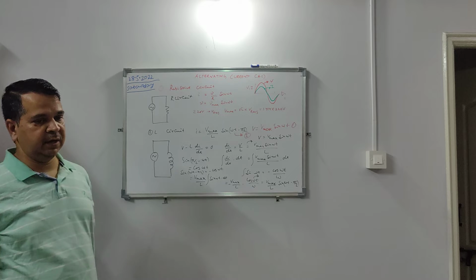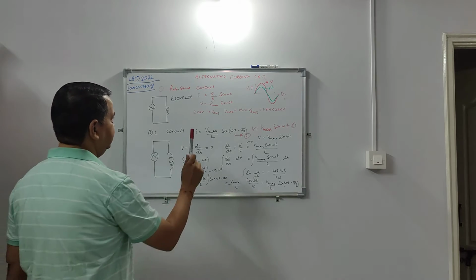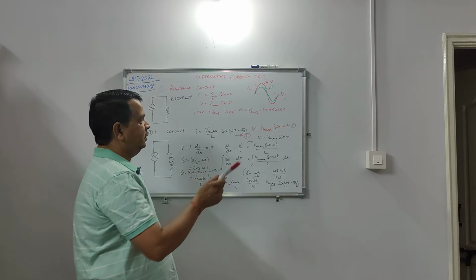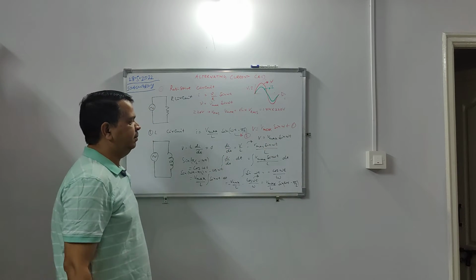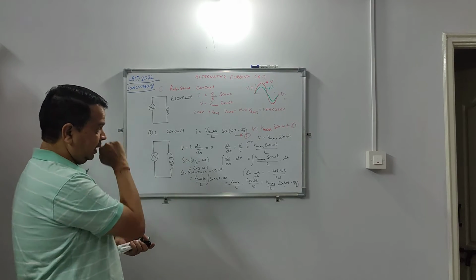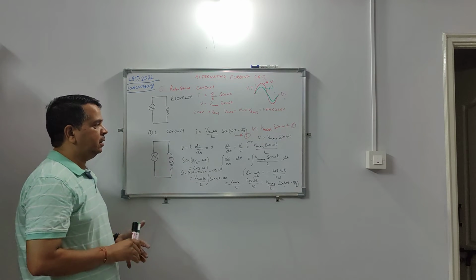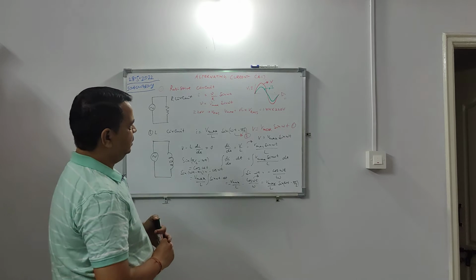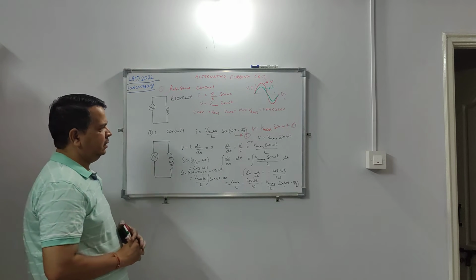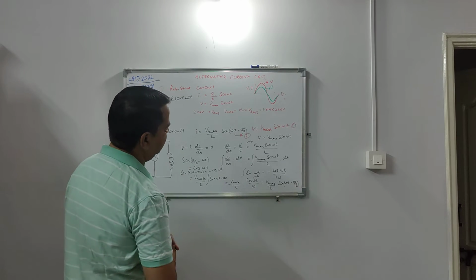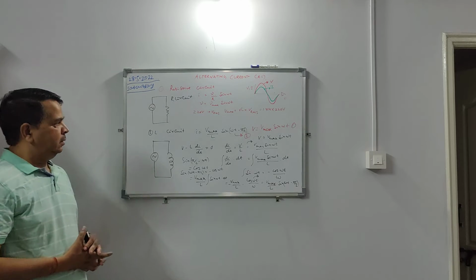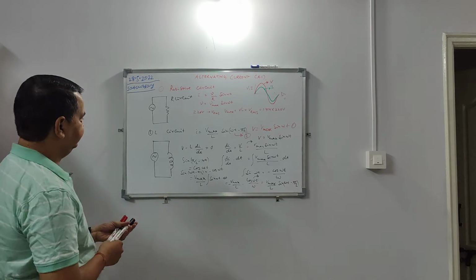Here, in a resistive circuit, you can see that the current and voltage are in the same phase, whereas in an inductive circuit, the voltage and current are not in the same phase. In fact, the voltage is leading the current by an angle pi by 2.